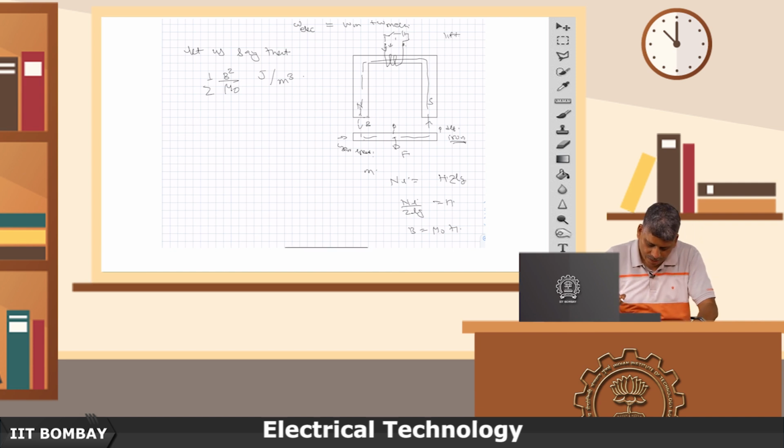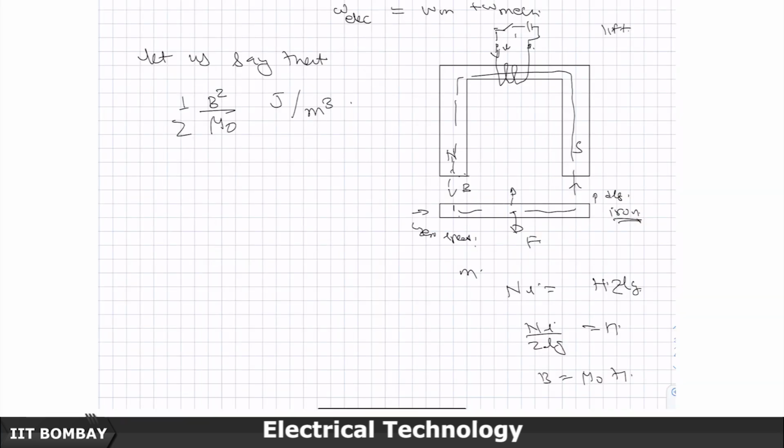So, then the change in the magnetic field energy is going to be equal to half of B square by mu naught into, let us say, A is the area of cross section, times Lg.